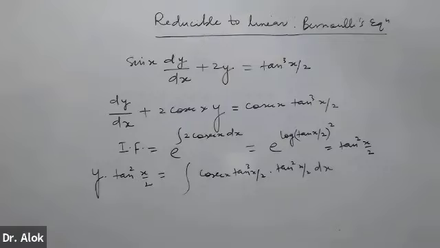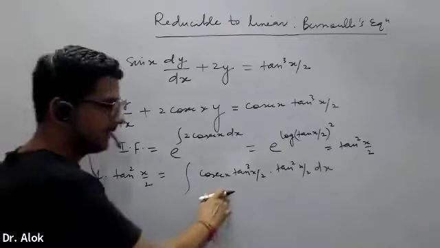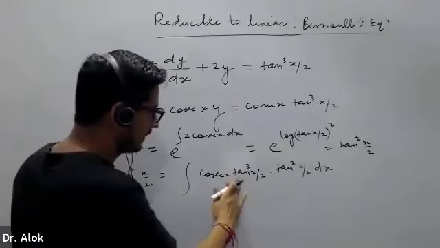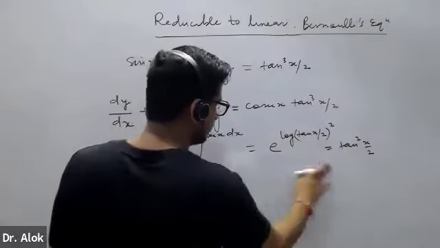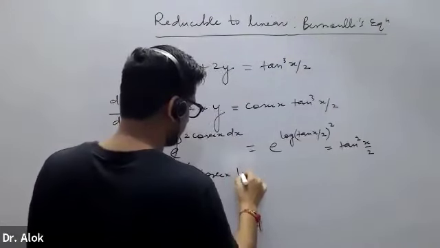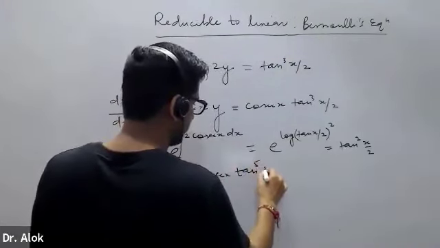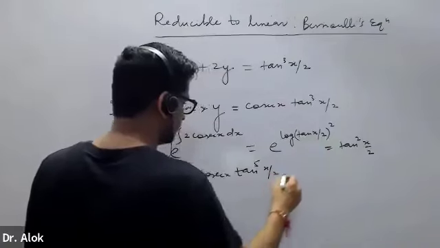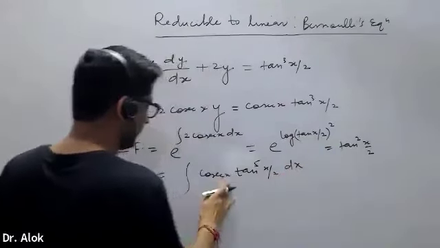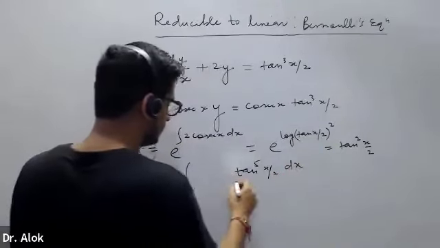Let us see how it will work out. In the next step I am writing, this will become tan to the power 5 x by 2 dx upon sin x.